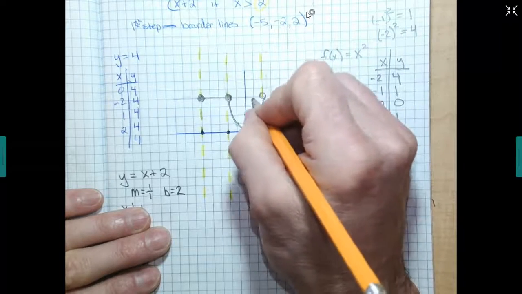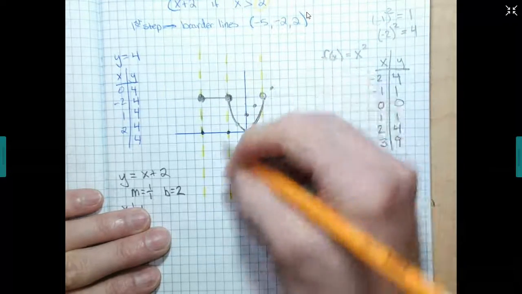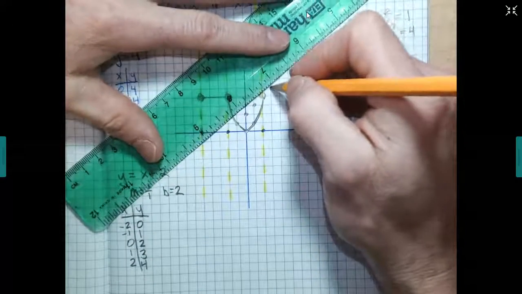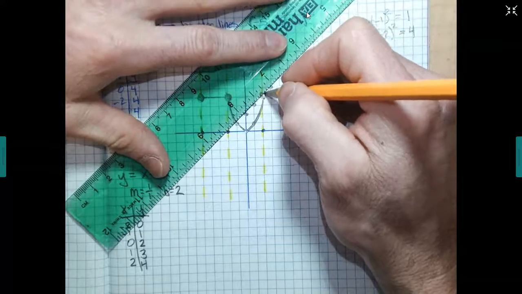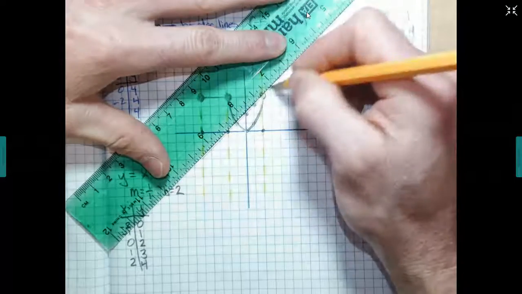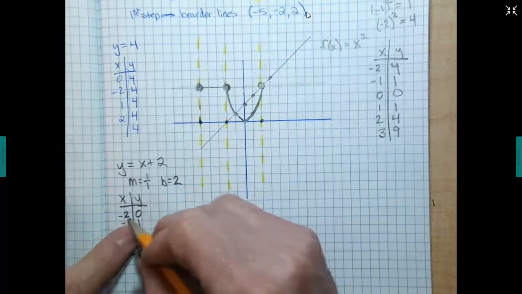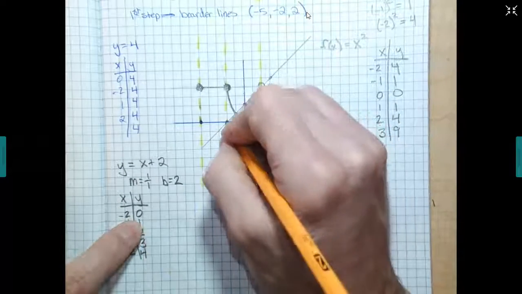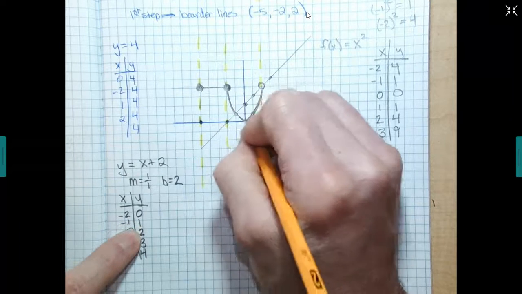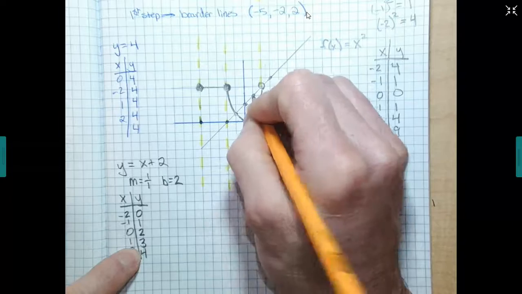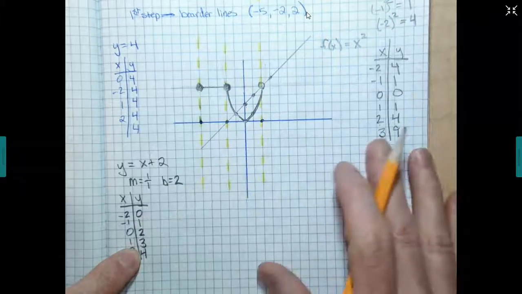Up 1 over 1, up 1 over 1, up 1 over 1. So there's my line right there. So I can draw this line in, like that. Now if I were to look at this and say -2, 0, -2, 0, sure enough, there it is. -1, 1, 0, 2, 1, 3. See how either one of these gets me the same line.